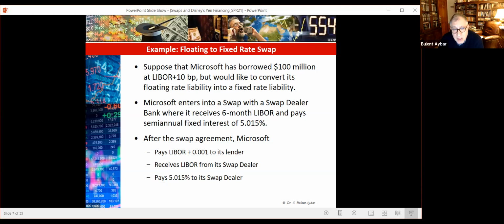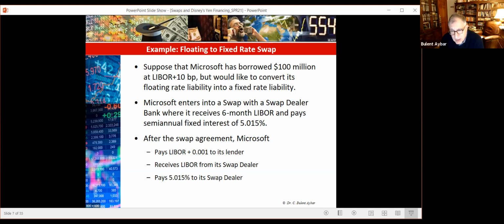In this case, Microsoft can change the structure of its loan from floating to fixed rate by engaging in a swap with a swap dealer. Swap dealers are financial institutions that facilitate these types of transactions. So they make the market. They are prepared to pay a floating rate and receive a fixed interest rate, or they are prepared to receive a floating rate and pay a fixed interest rate in exchange for that.